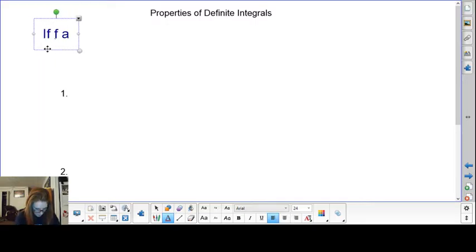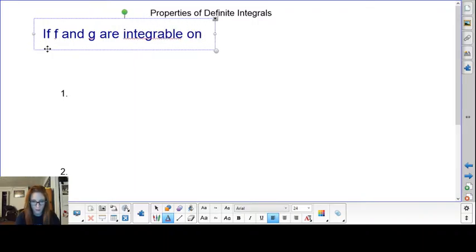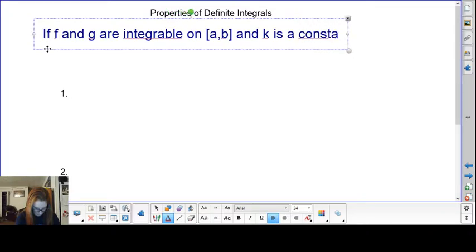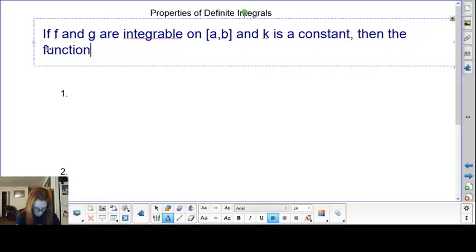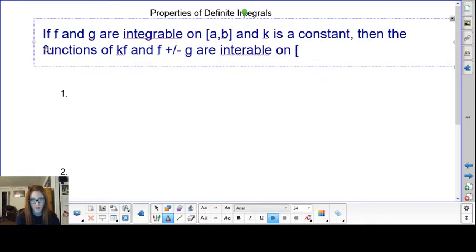So if f and g are integrable on a comma b, and k is a constant, then the functions k times f and f plus or minus g are also integrable on a comma b.